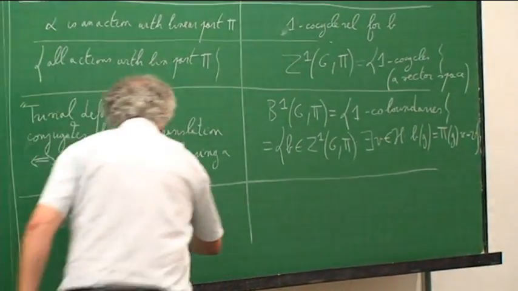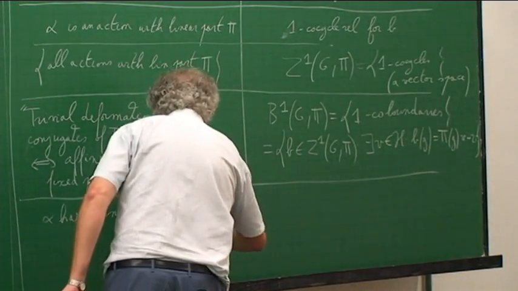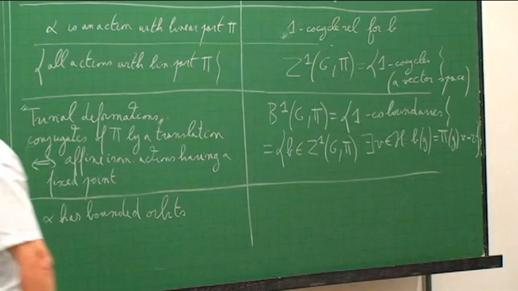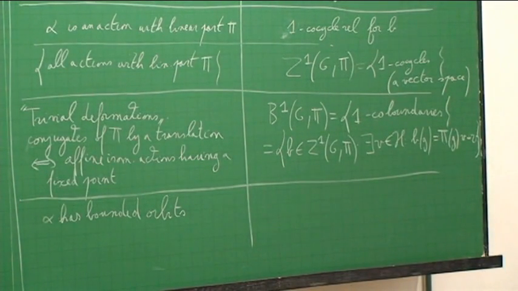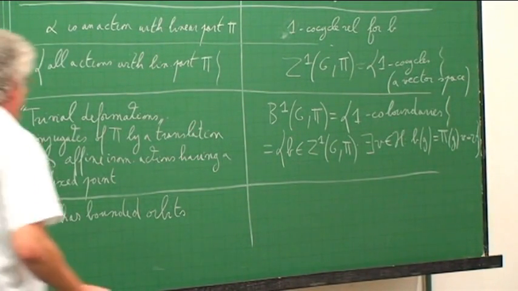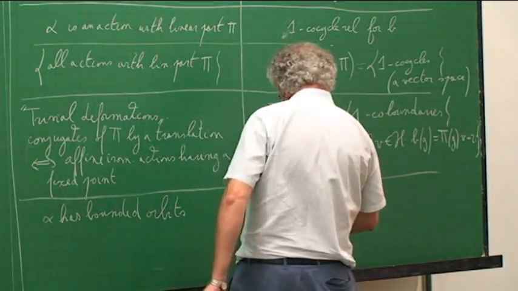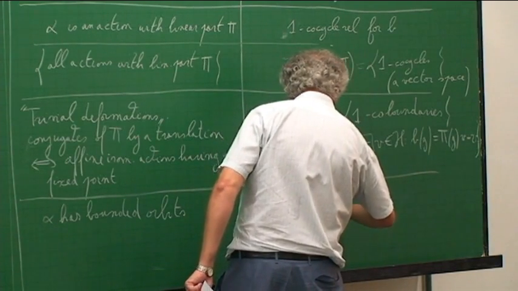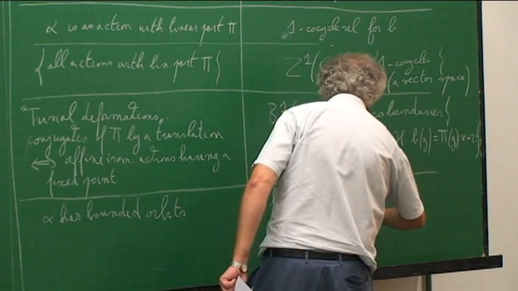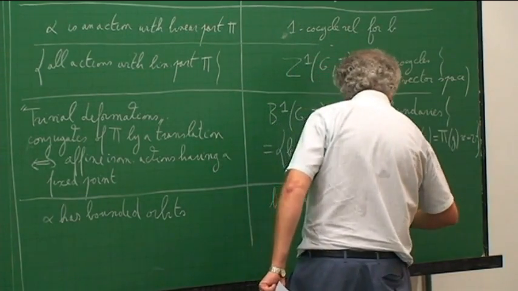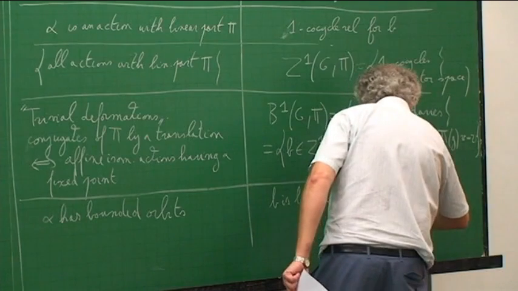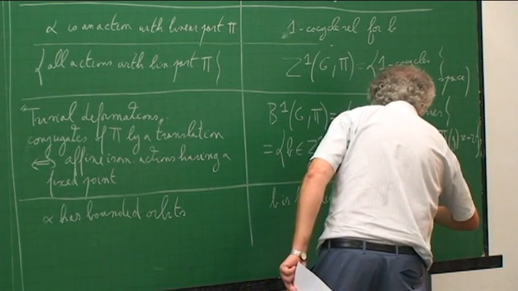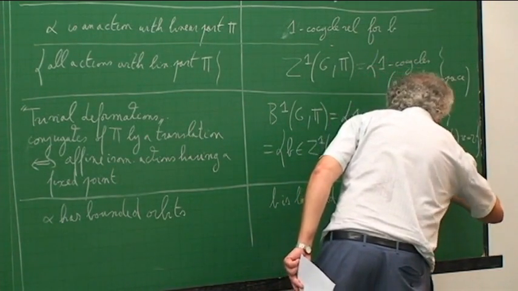On the one-cocycle side, this translates very easily into the fact that b is bounded as a function on G, with values in the Hilbert space.